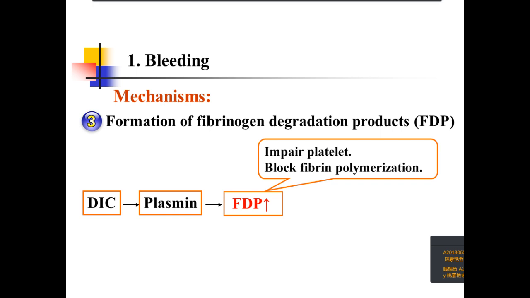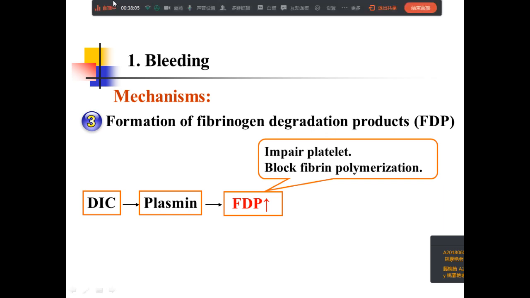So during DIC bleeding happens. Now why is bleeding the first manifestation of DIC? The pathogenesis includes three points. First, what is consumed?